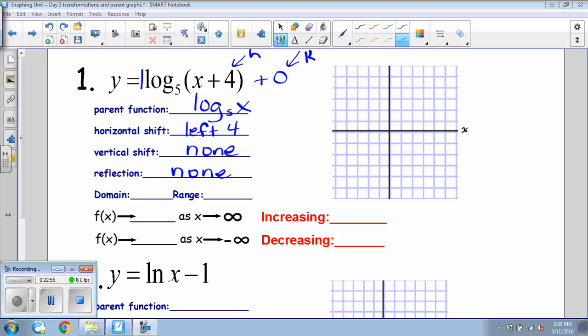So now let's graph it. With logs, you have a vertical asymptote. My vertical asymptote is at negative 4 because it started out being at 0 and it shifted to the left 4. So 1, 2, 3, 4. So there's my vertical asymptote, and it looks like this. Something like that.